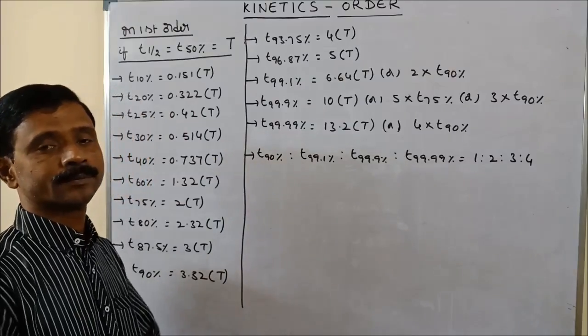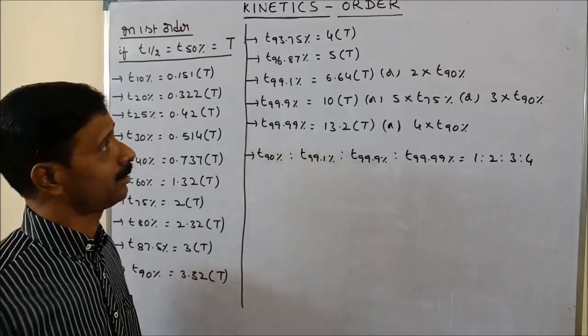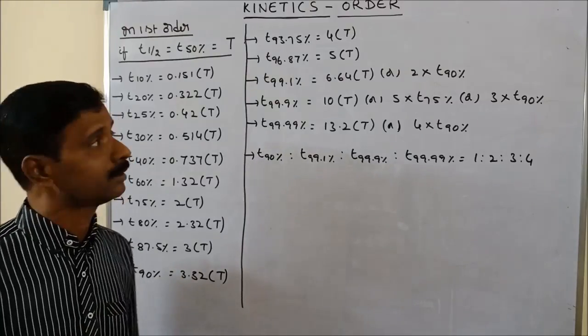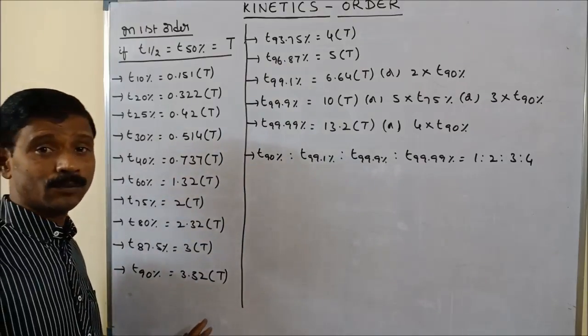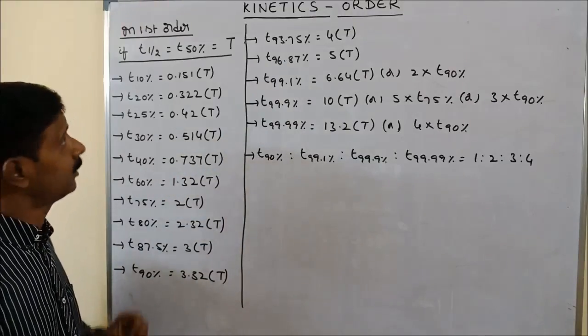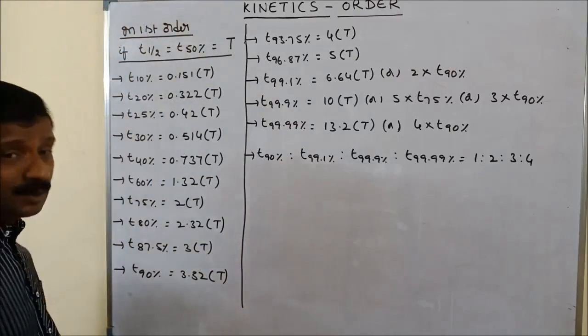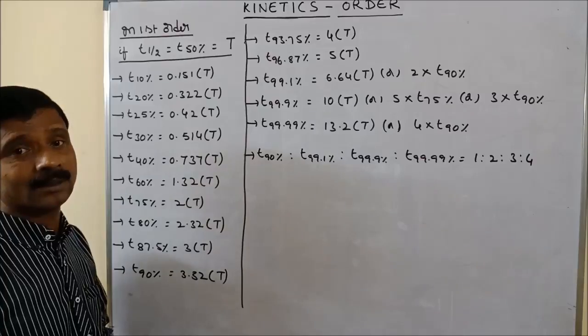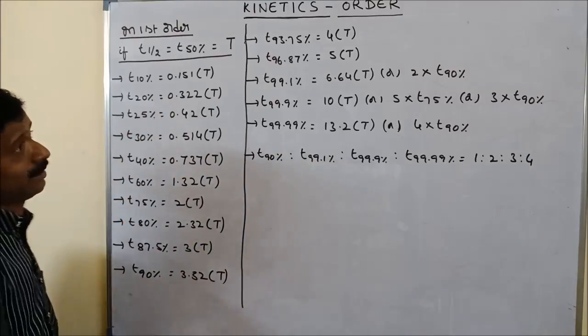Hi students, in the previous class we observed the calculations related to the order, and now with respect to first order, if we have an idea about half-life, as per the previous models asked in previous examinations, these are the relations.